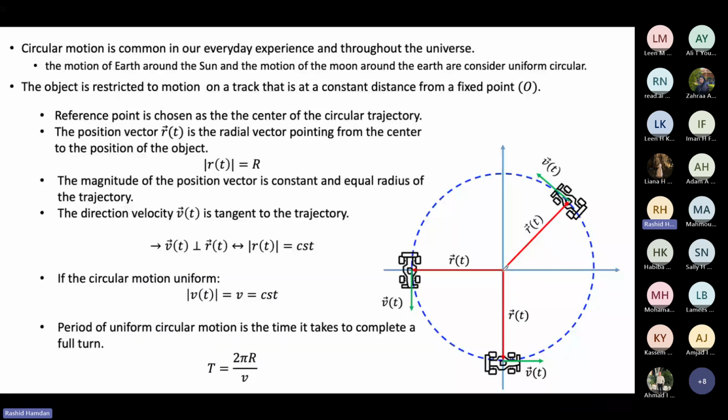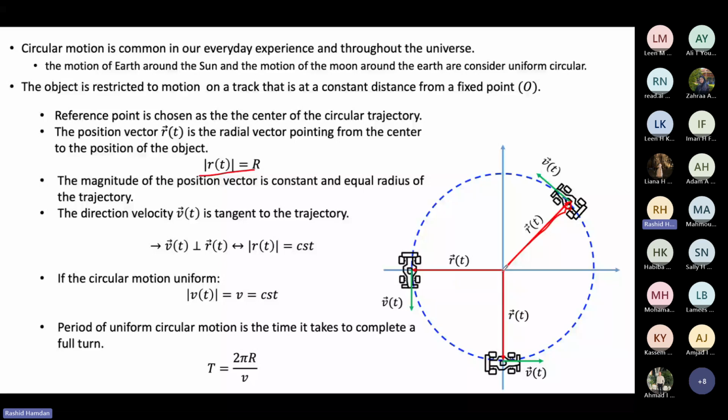It's the position from the center to the location of the car at time t. The car is moving, so its position vector is changing. But what is constant is the magnitude of the position vector. The distance of the car from the center is constant. That's the condition for it to have a circular motion.